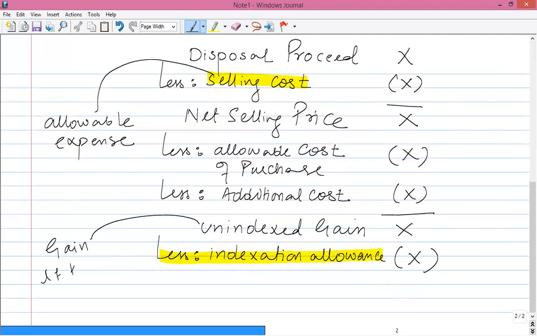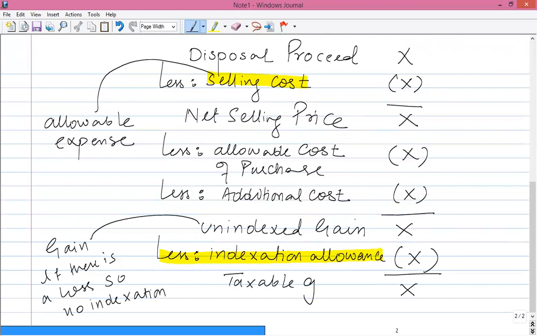If there is a loss, no indexation is available. So after deducting this indexation allowance, the amount that remains is your taxable gain.